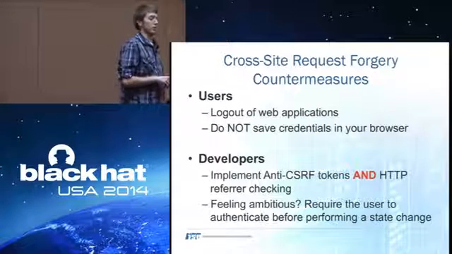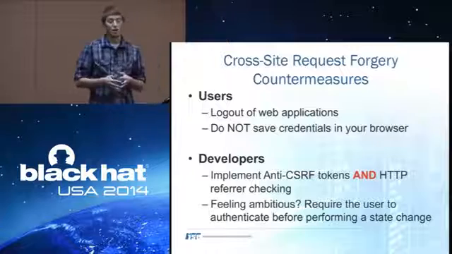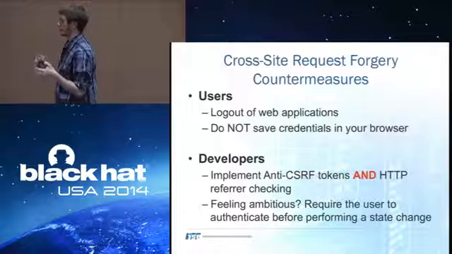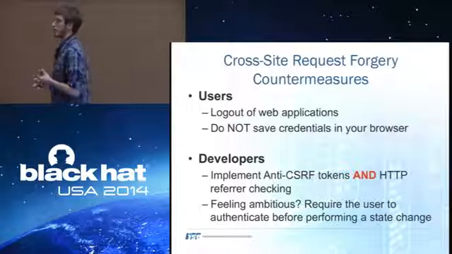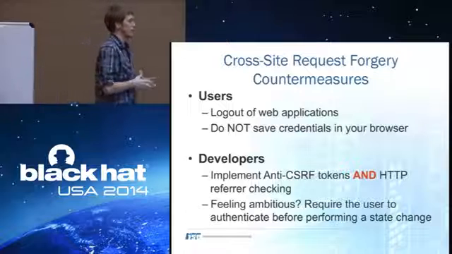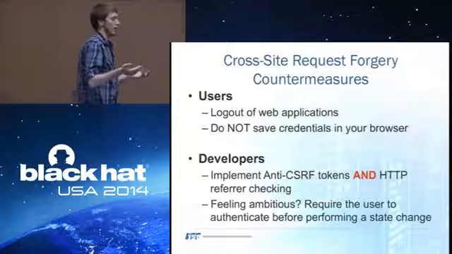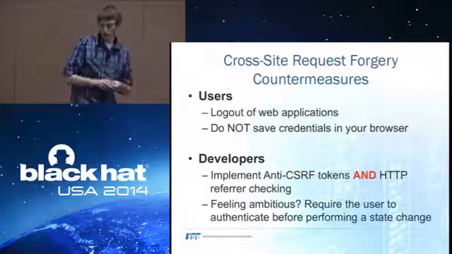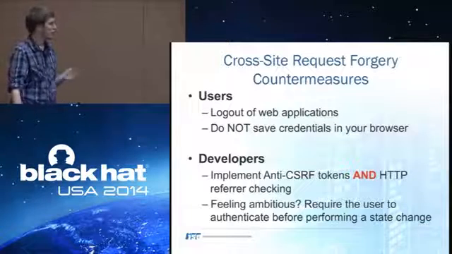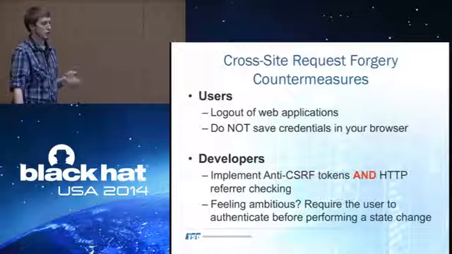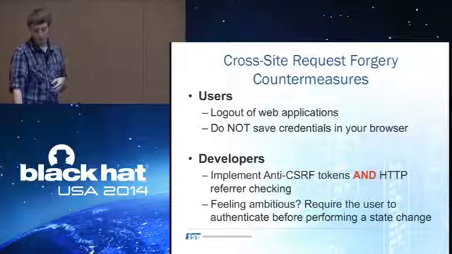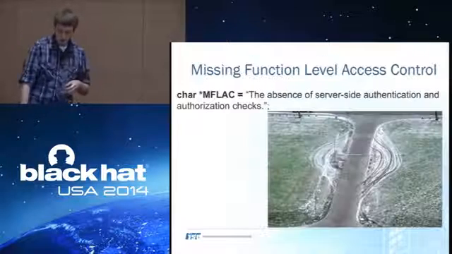You were able to use things such as Adobe Flash, or I guess even Silverlight, to forge the referrer header. But for a couple of years now, that hasn't been possible because the referrer header is now on a disallowed list of headers that can be modified. And then if you're feeling ambitious, have the end user re-authenticate before performing any action that performs a state change.